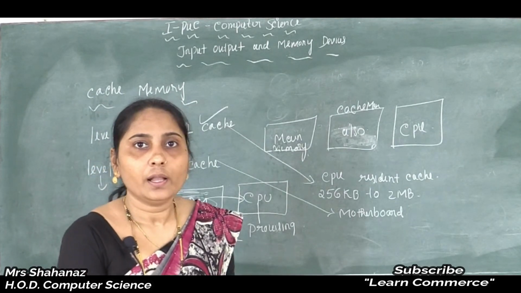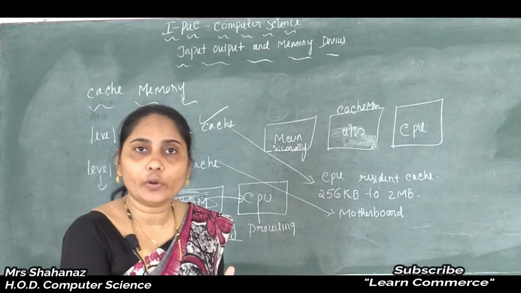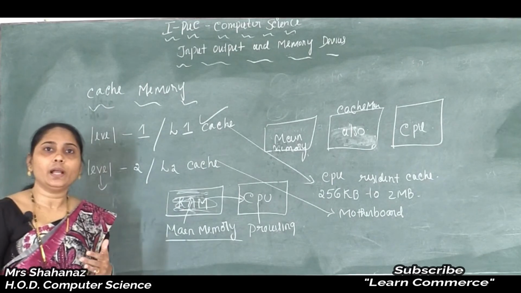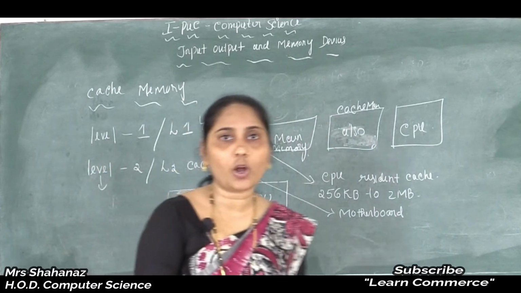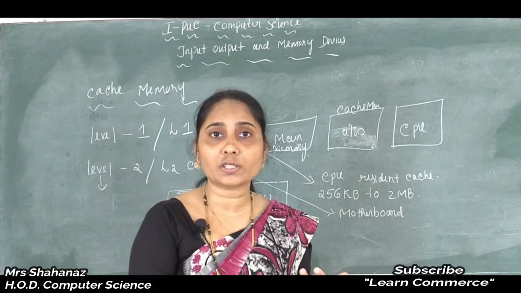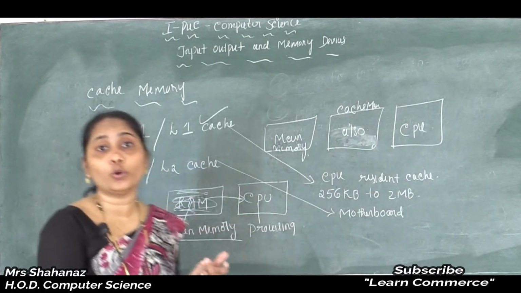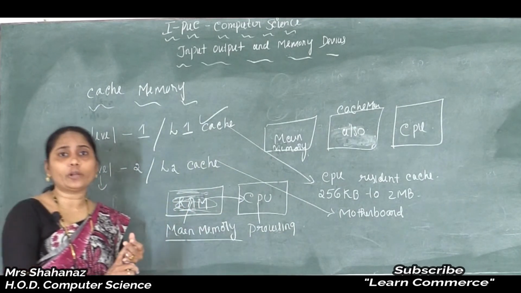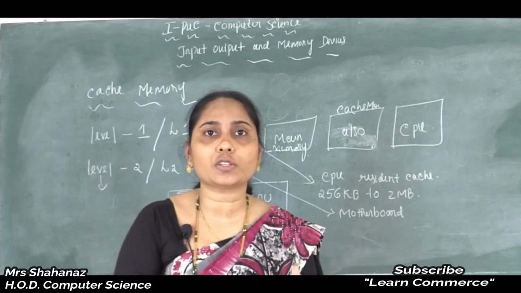Without the motherboard our computer is just an empty box, and on the motherboard various components are available, like the system clock, or the BIOS, the basic input output system, which uses CMOS, the complementary metal oxide semiconductor.